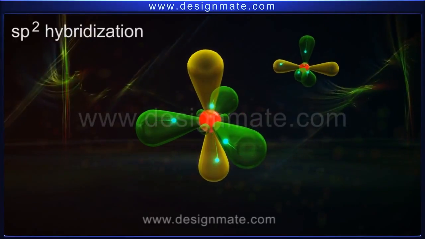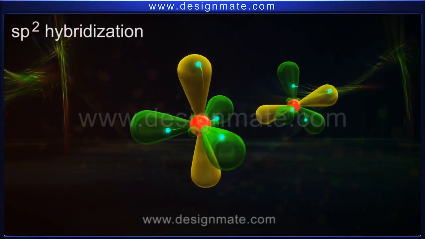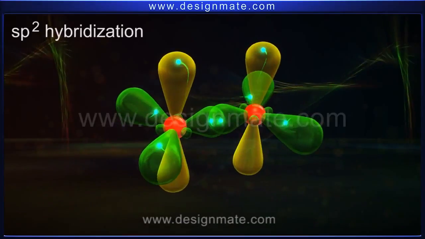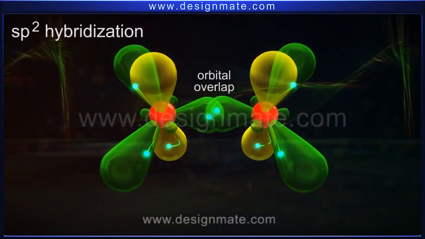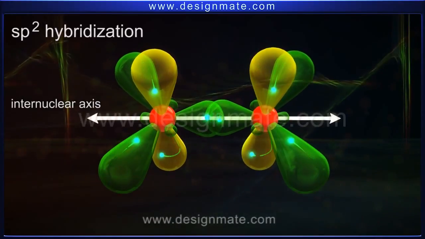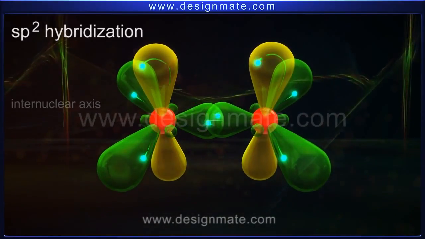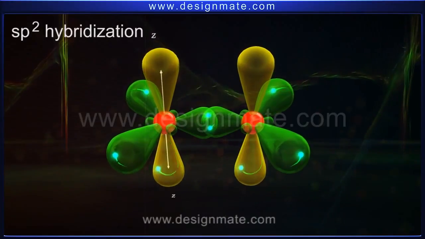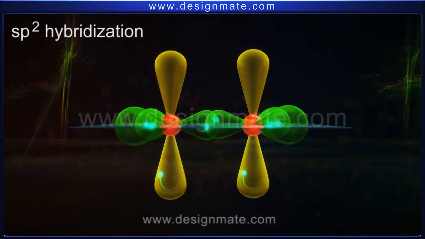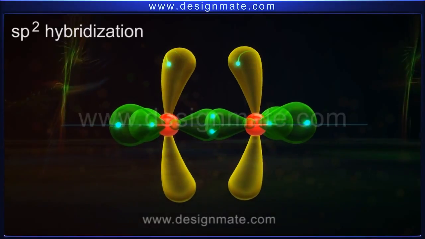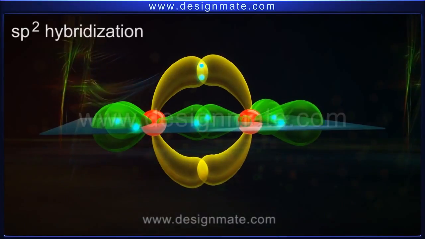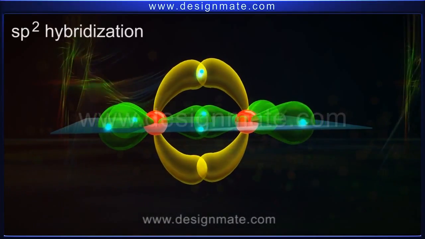Imagine a similar sp2 hybridized carbon atom approaching this carbon atom. As these atoms come closer, an orbital overlap takes place along the internuclear axis, forming a sigma bond. At this stage, the unhybridized p orbitals, which lie above and below the plane of the sigma bond, also come very close to each other and overlap laterally, resulting in the formation of a pi bond between the 2 carbon atoms.